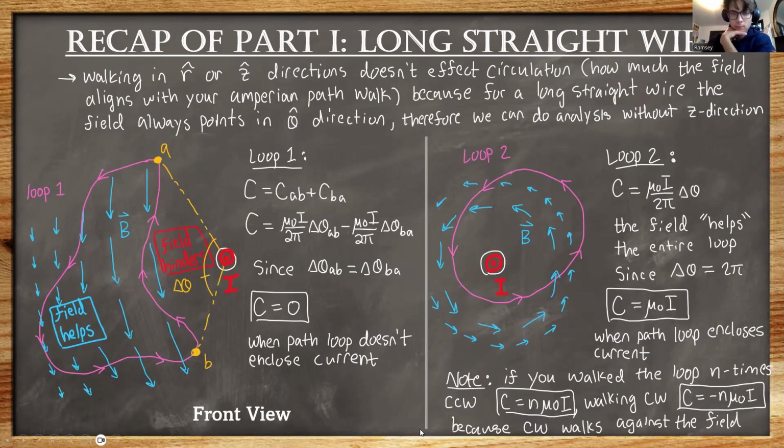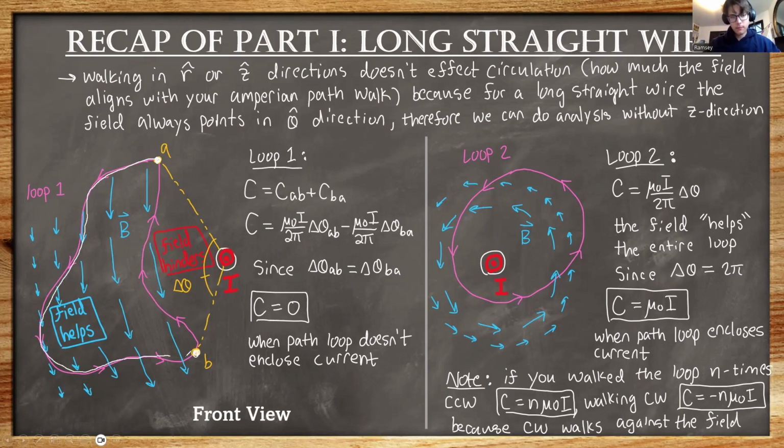So I've got kind of two loop cases here. For loop one, the amp path does not have the current wire penetrating it, right? There's no current threading through it. And what we notice when we take tangent lines from the current wire's perspective is that there's a tangent point A and a tangent point B. Because the magnetic field loops around the current wire in respect to the right-hand rule, as we walk this loop from A to B, the field is helping us.